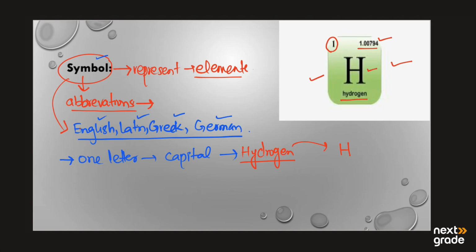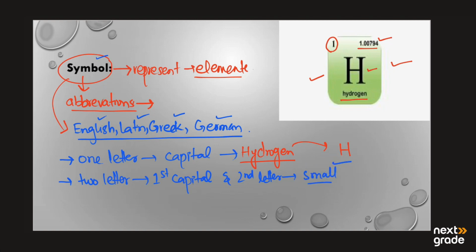This is the complete information about hydrogen. On the other hand, if the symbol of the element has two letters, then the first letter must be capital and the second letter must be small case, or lower case.